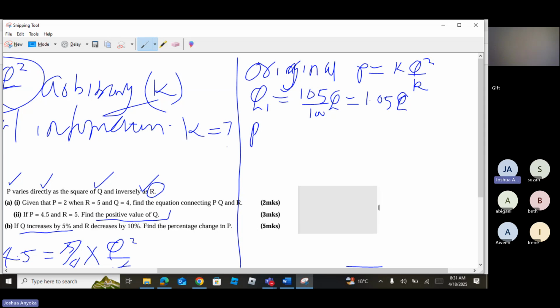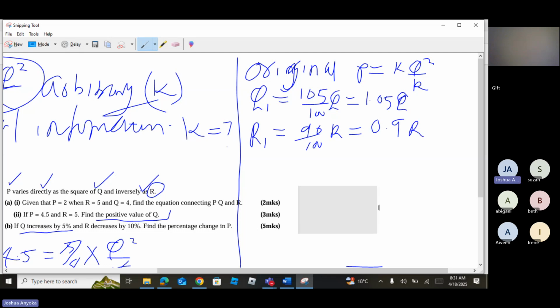R decreases by 10%, so it becomes 90% of the original R. This is 0.9 R.